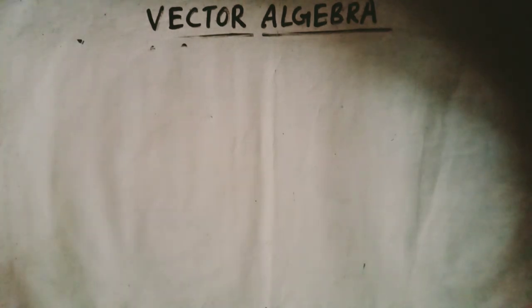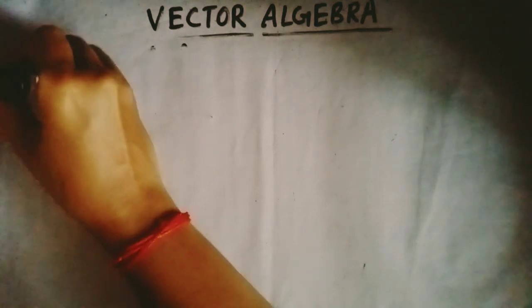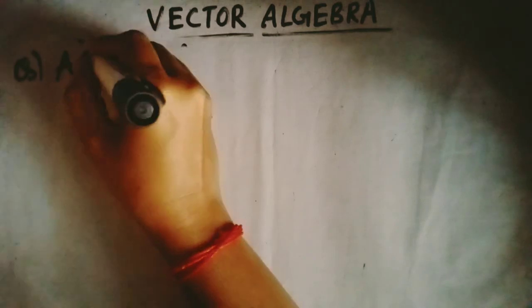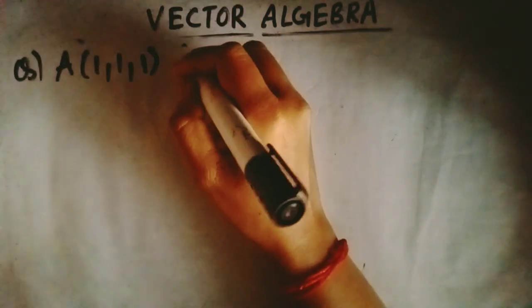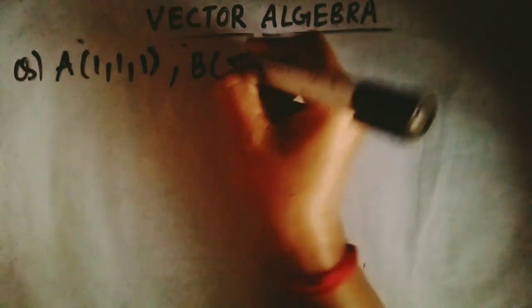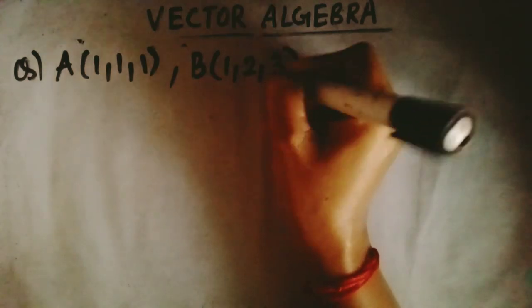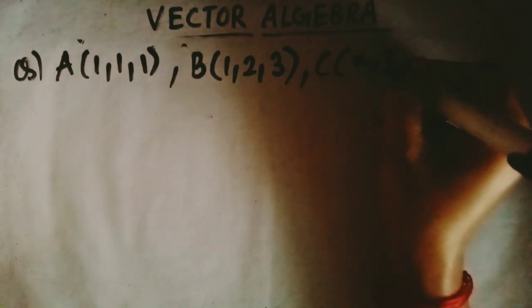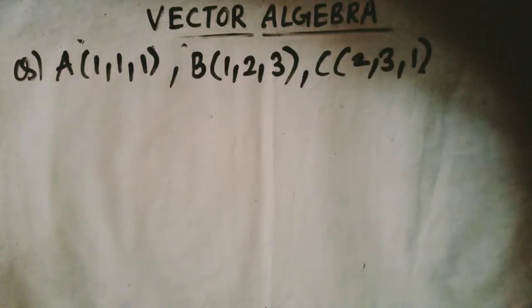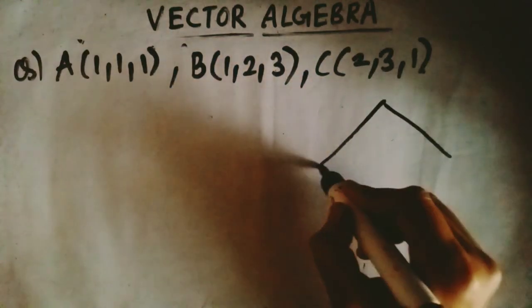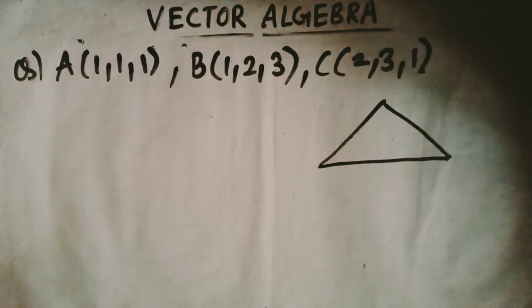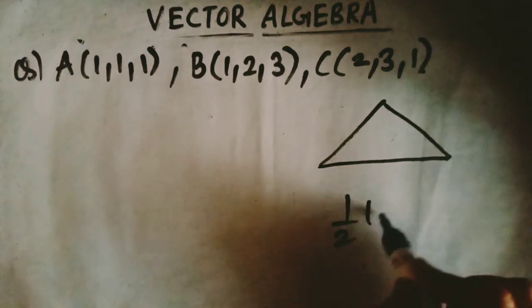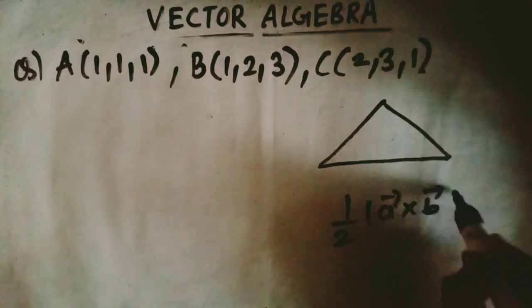Next question is based on area of triangle. So find the area of a triangle having points. Points are given: A point 1, 1, 1, B point, and C point is given. Now as its vertices, so you have to find two vectors, that is half into A cross B you have to do, right?